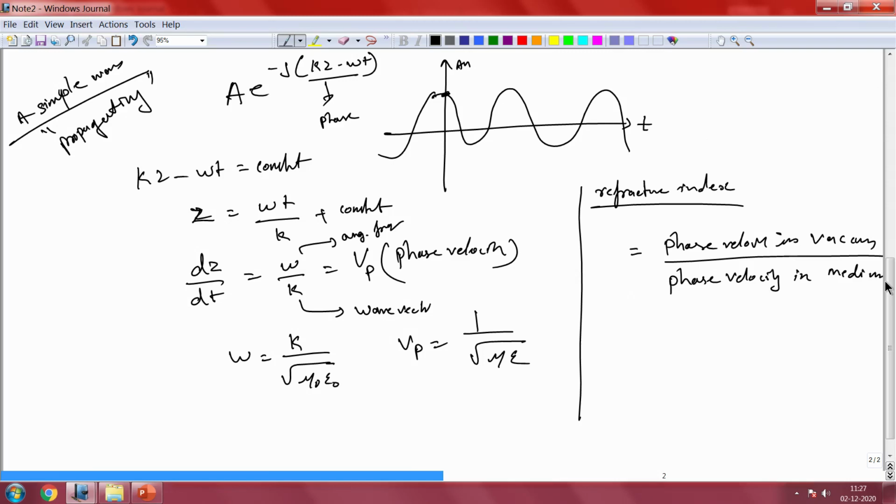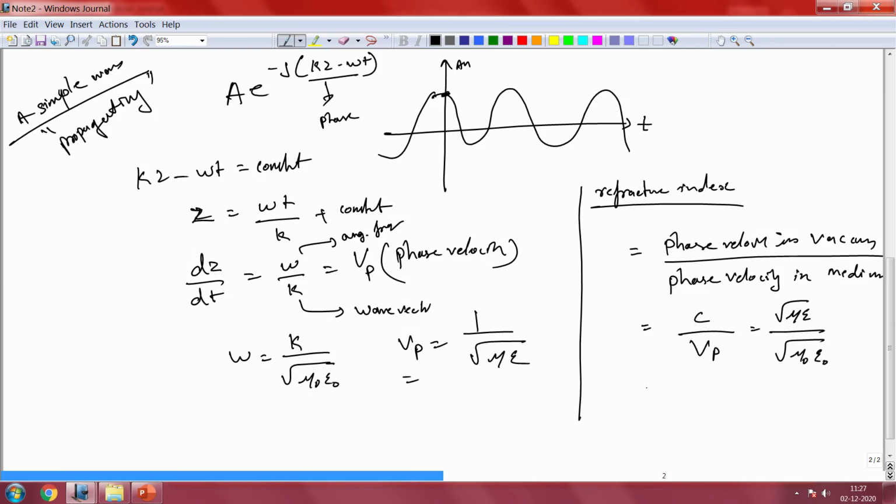Okay. So basically what you are saying is the phase velocity of light in vacuum is c, that is the speed of light, and the phase velocity in the medium, just now we found out, is Vp, and that is nothing but root mu epsilon over root mu naught epsilon naught, right.